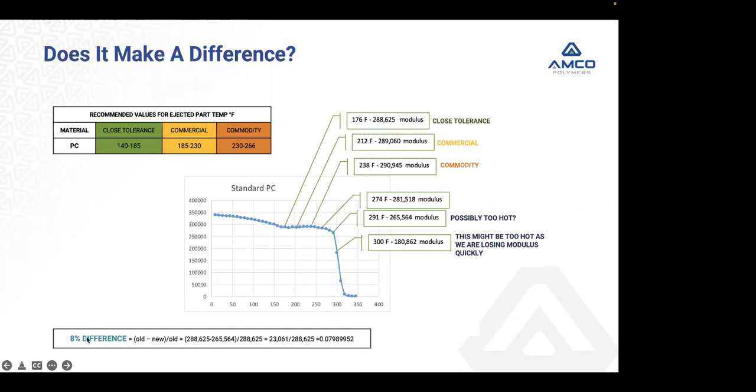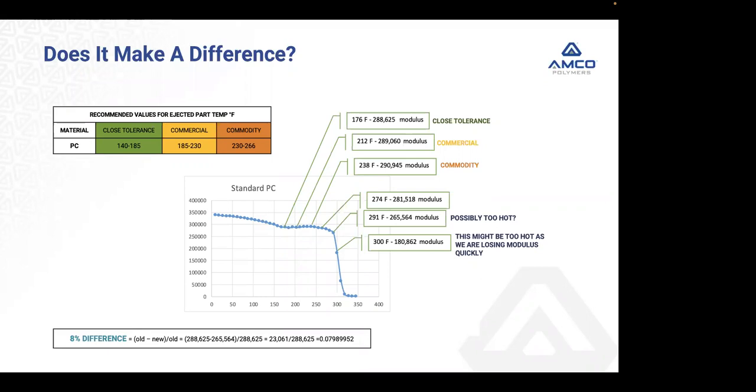So here I wanted to find out percent difference. I went all the way out here at 288,625, which is back here at 176, all the way out to 265. I went out to 291 degrees. So 291 degrees all the way back to here is an 8% difference. So my question is, does 8% difference in modulus make a difference in dimensions, warpage, and so on and so forth?